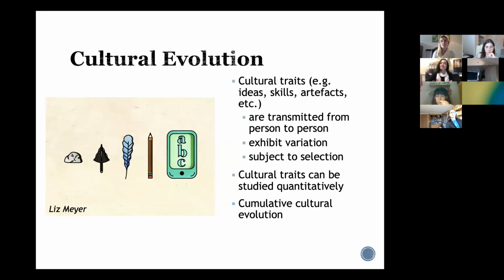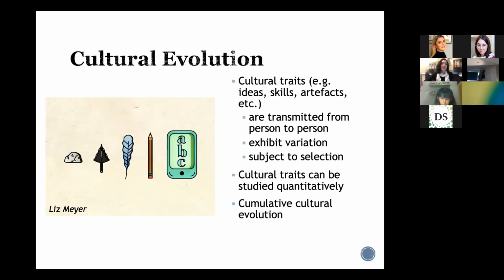Cultural evolution is a field of research that suggests that cultural traits, so these can be ideas, skills, artifacts, etc., like the biological ones, are transmitted from person to person. They exhibit variation and they're subject to selection.